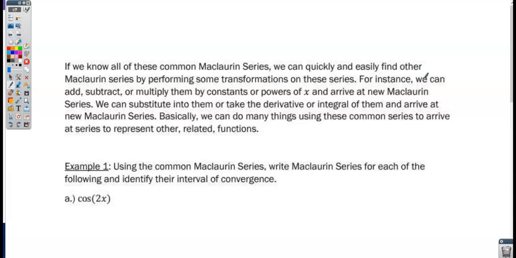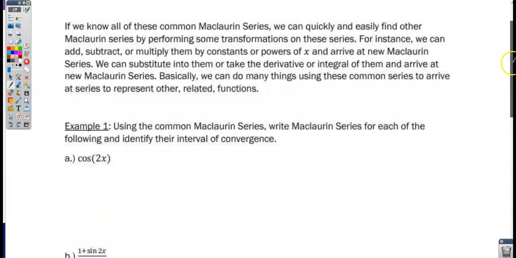All right, let's start by looking at example 1, part A. We're going to find the series for the cosine of the quantity 2x.